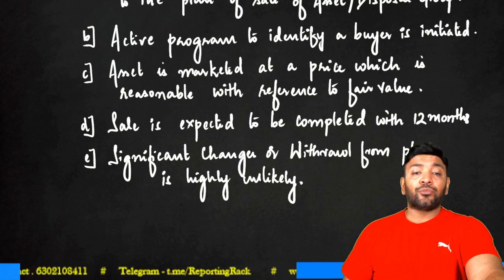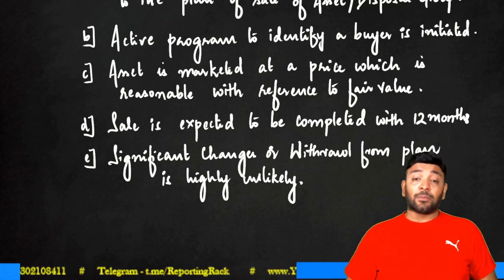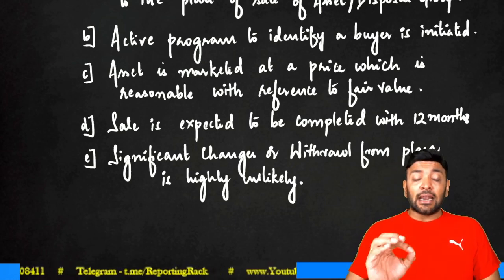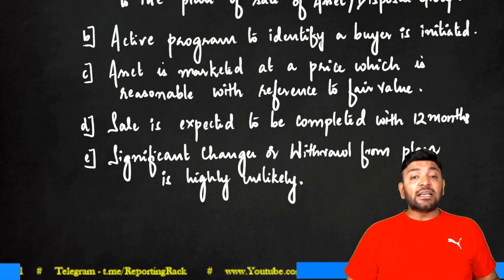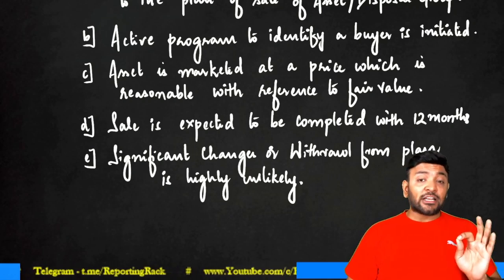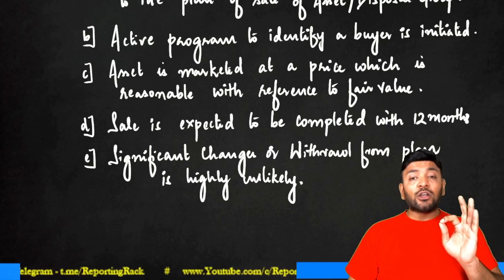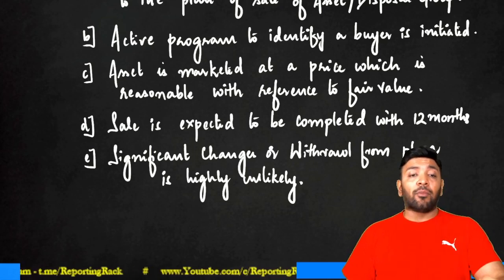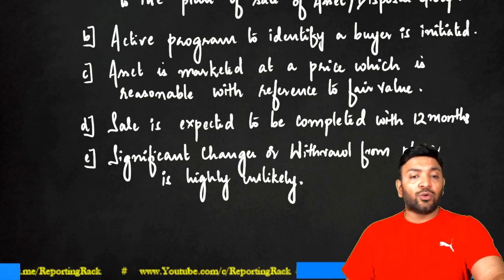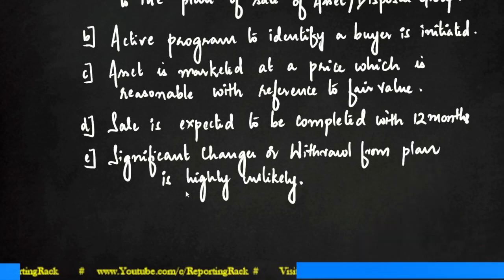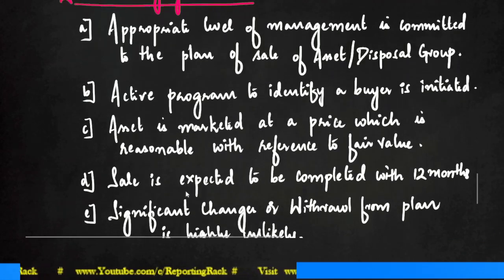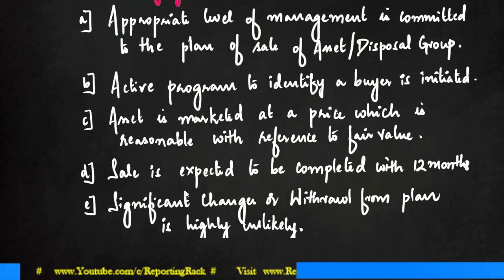Withdrawal from plan or any significant changes to the plan are highly unlikely. These are the 5 conditions which are expected to be satisfied when you want to claim that the sale is highly probable. Just let you see all those 5 conditions, guys. You can take down: sale is highly probable if these conditions are satisfied.